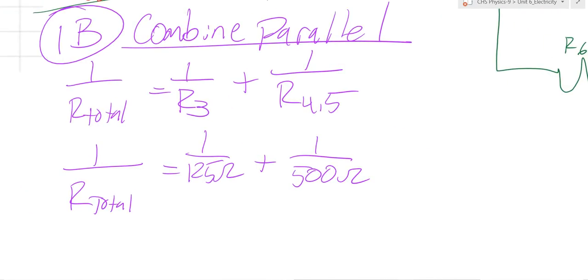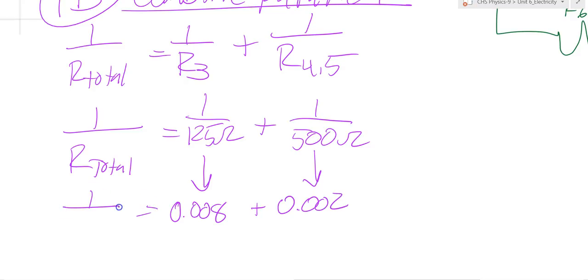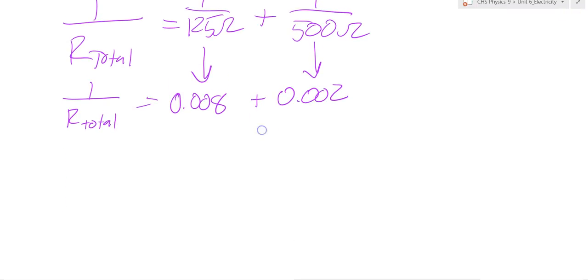Now this may look scary, but if you just type in 1 divided by 125 in your calculator, you end up with 0.008 plus 1 over 500 is 0.002 equals 1 over R total. And if we combine those two, we end up with 0.001 is 1 over R total.